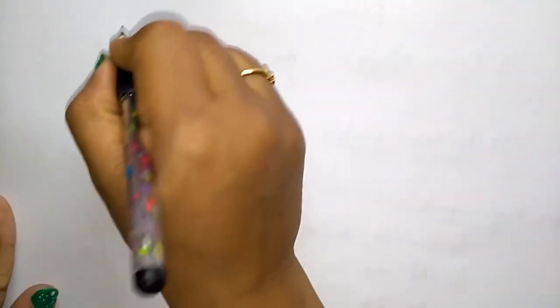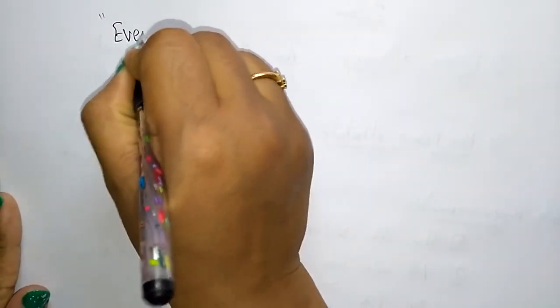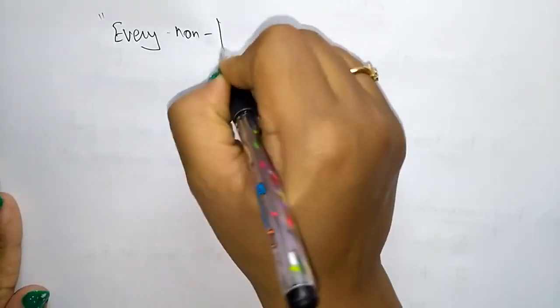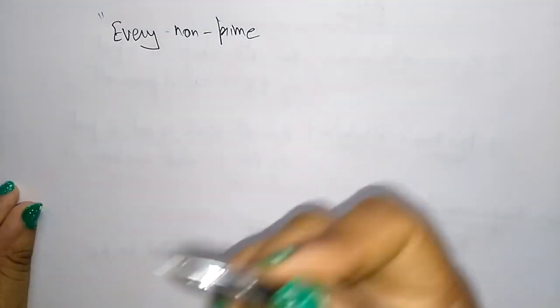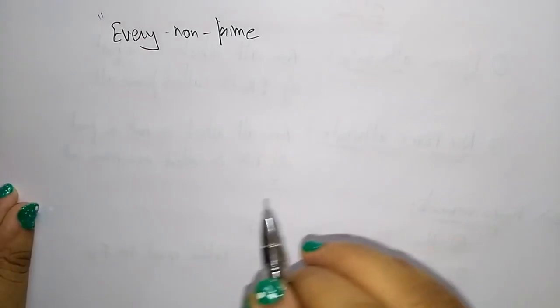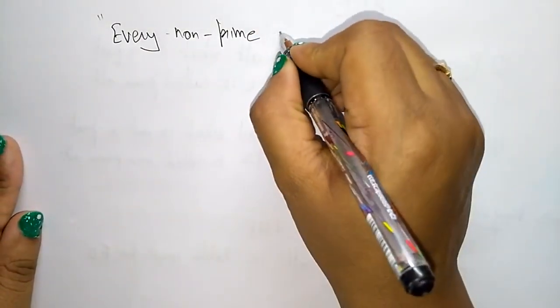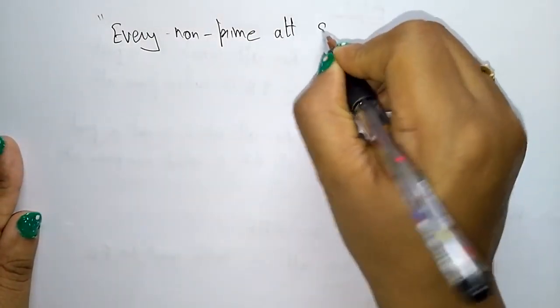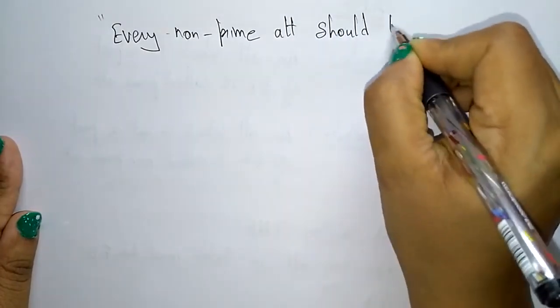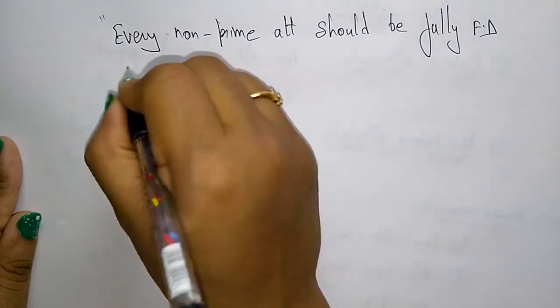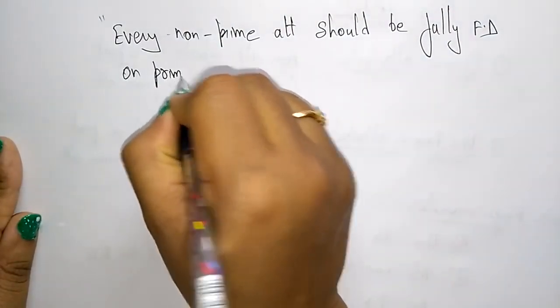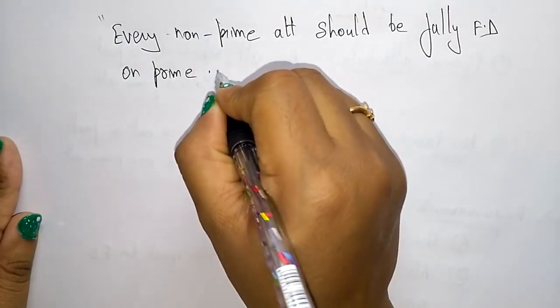Now let us see the definition of 2NF. Every non-prime attribute, which I said is an attribute that is not a part of the primary key, should be fully functionally dependent on the prime attribute.